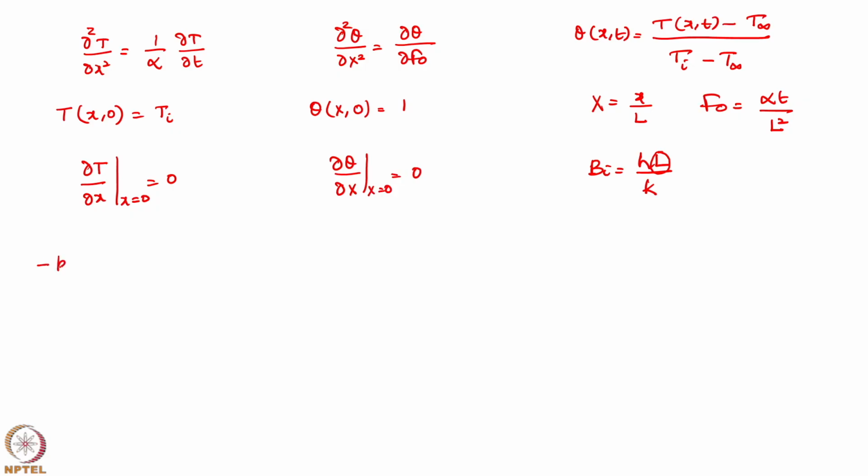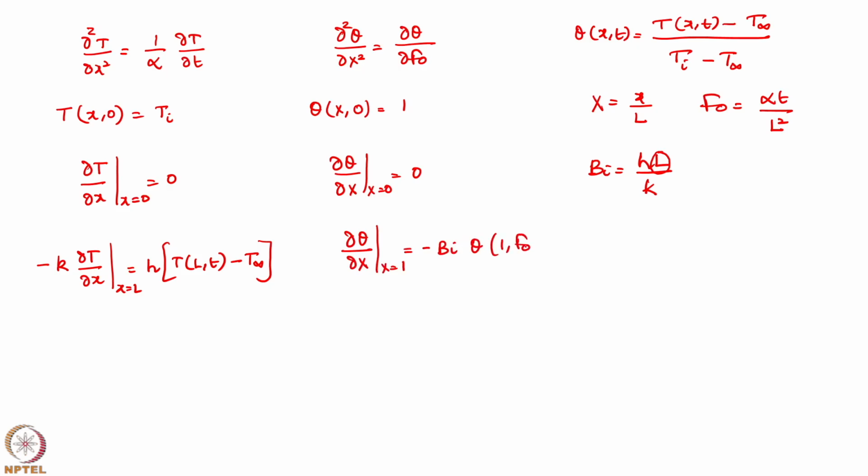And minus k dou T by dou x at x equal to L is equal to h into T of L comma t minus T infinity, which reduces to dou theta by dou X at X equal to 1 equal to minus Biot number into theta at 1 comma Fourier number.